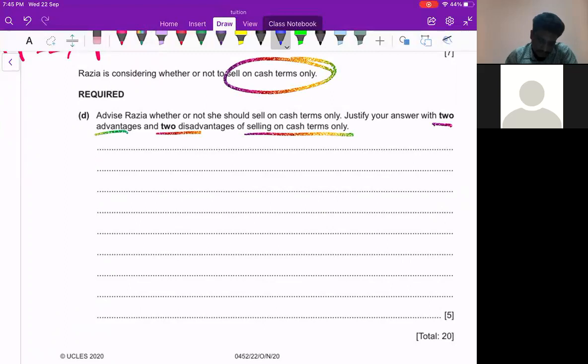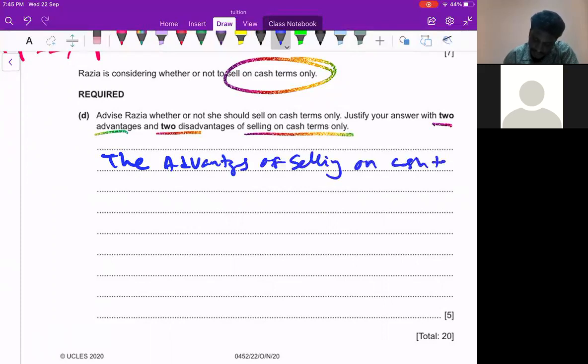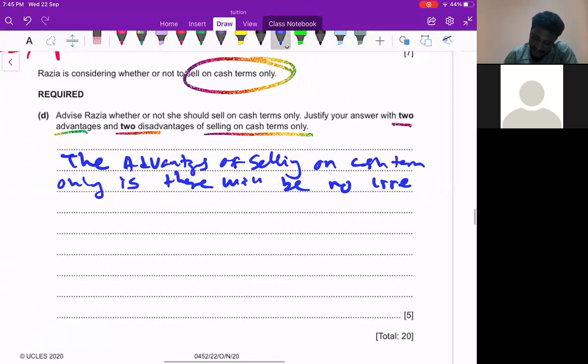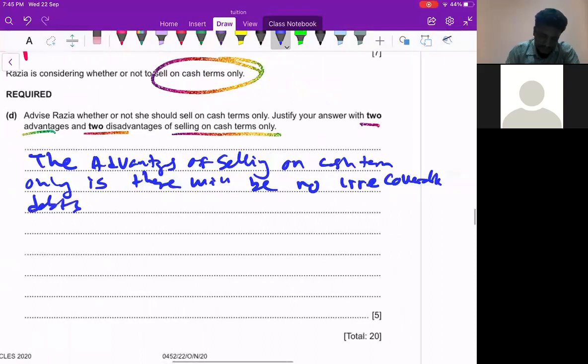So the advantages of selling on cash term is there will be no irrecoverable debts because everything you will collect on the spot.